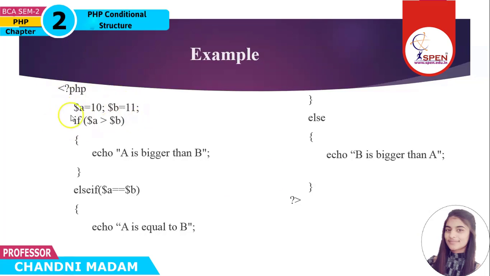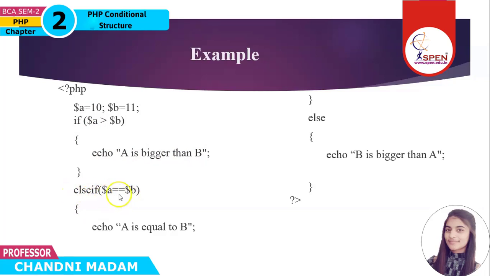Here we have declared two variables, A is 10 and B is 11. Now we just check the conditions. If A is greater than B, here the condition is false because A is 10 and B is 11. So B is greater than A. So this echo is not executed and it goes to the else if statement.